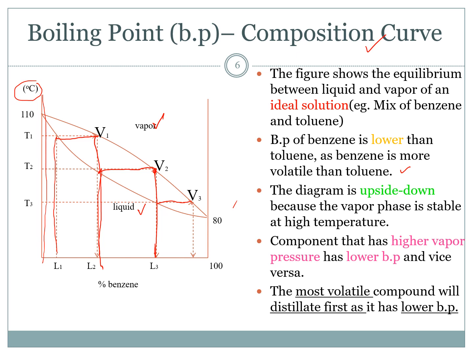So if you keep doing this, you will eventually get pure benzene. So component that has higher vapor pressure has lower boiling point, and component that has lower vapor pressure will have higher boiling point. So the most volatile compound will distillate first as it has lower boiling point.